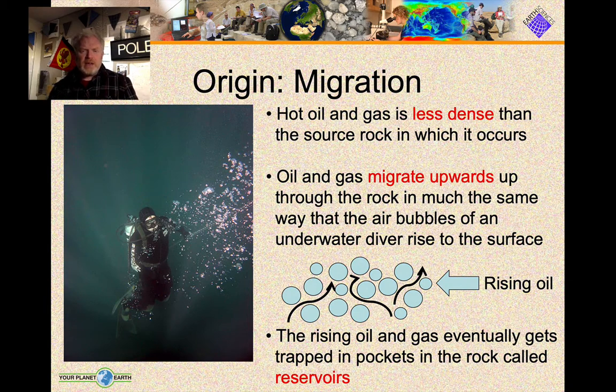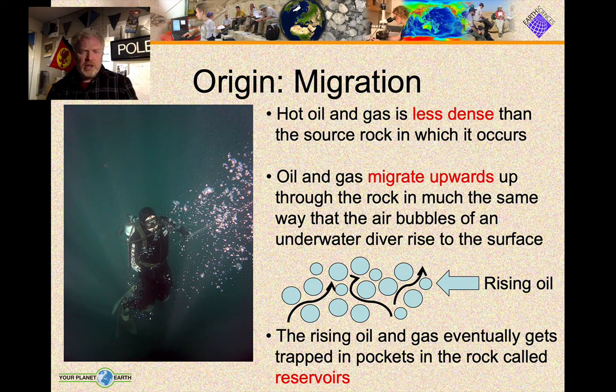This liquid and gas hydrocarbon is less dense than the rock that it's formed in, and also less dense than water. So it'll get squeezed out of the original source rock, which we call a primary migration, and it'll find its way into a permeable rock and start to migrate upwards.